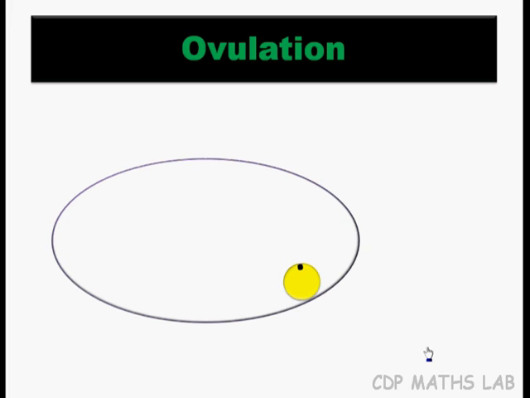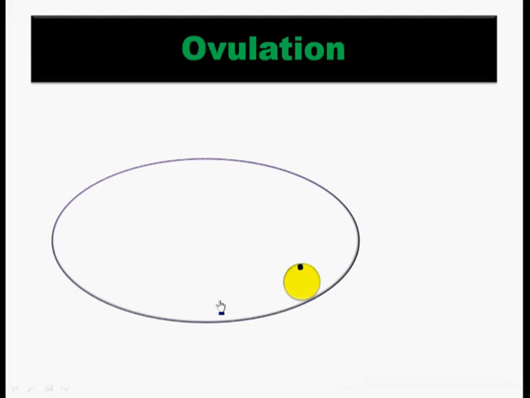Now, if you notice, the size of the follicle increased, and the size of the ovum also what? Increased. And it was moving from this side of the ovary towards the what? The side or the surface of the ovary.